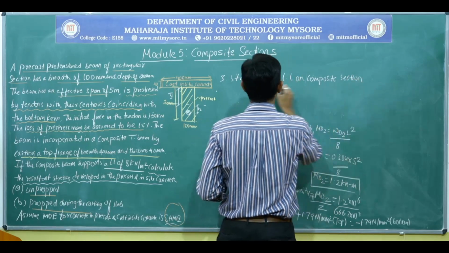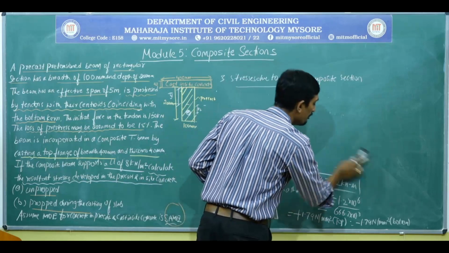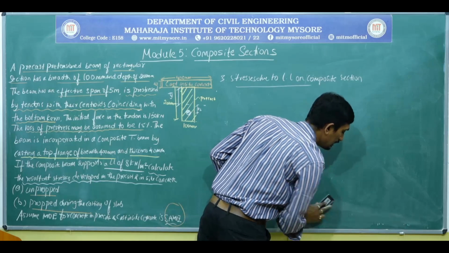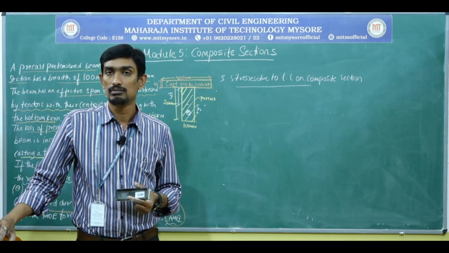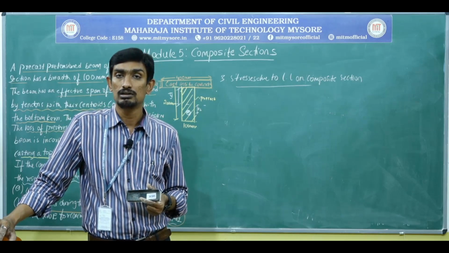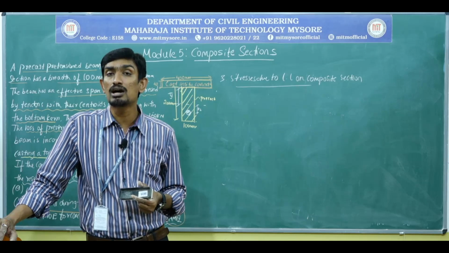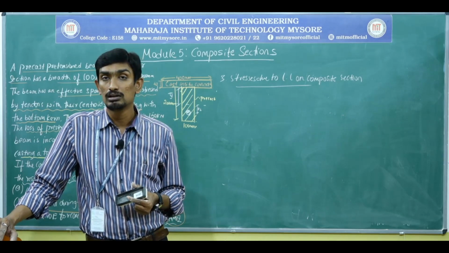Now when I am going to consider the composite section, will the area and I remain the same? Or should I consider only the precast? Or can I consider the dimensions of only the precast pretension beam which have been calculated in step number 1?